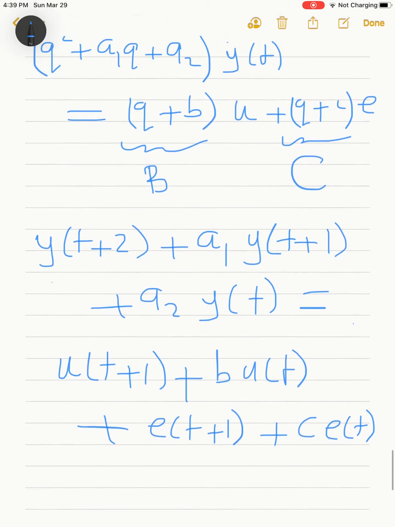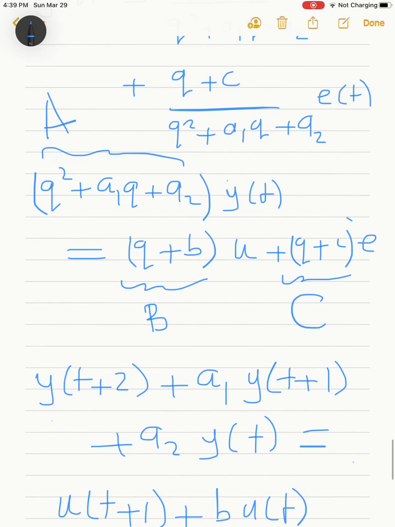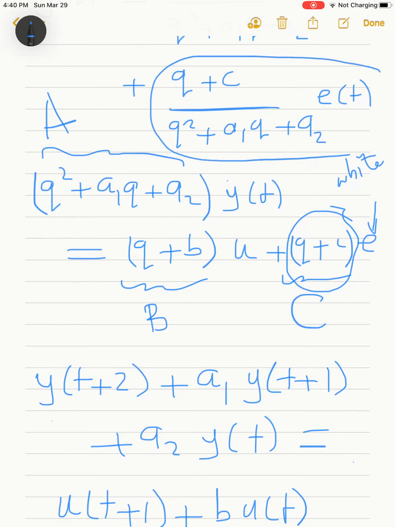Now, what is the effect of having this polynomial acting on the white noise? This is white noise. Actually, the result of having this signal filtered like this is that you produce color noise, and that is actually a violation of the conditions that we have used in the least square estimation in order to conclude that the expected value or the average value of the estimated parameter is equal to the true value.